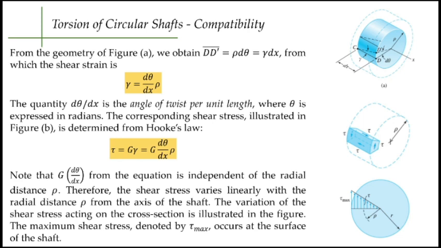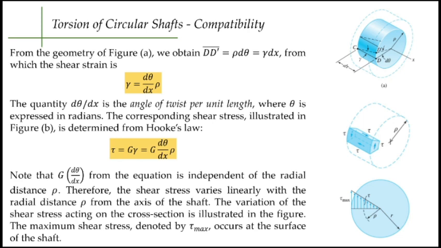Now, since there will be twisting, there will be sliding. Like I said, there will be shear strain. And if there is shear strain, there is the relationship between shear strain and shear stress, just like the relationship between normal strain and normal stress is given by Hooke's law.